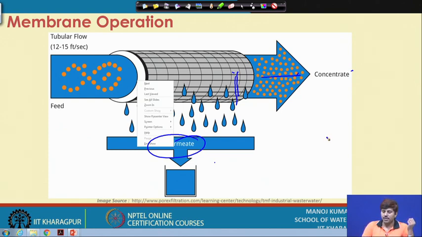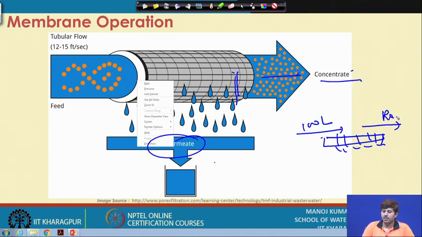Let us say we are supplying 100 liters of water. Some water passes through this membrane, but some water goes as a reject, what we call a concentrate. This is called membrane reject, or if it is an RO process, RO reject is a pretty common term these days. And then this is your treated water.